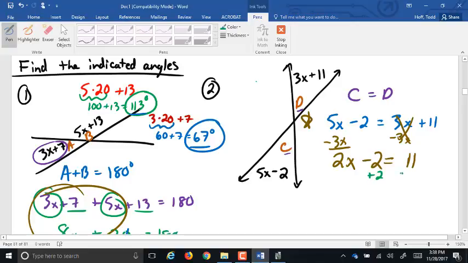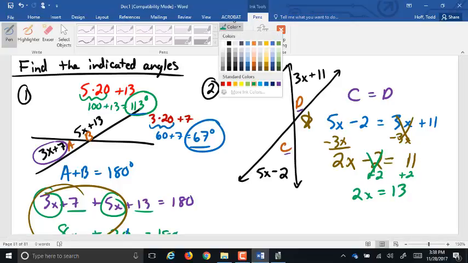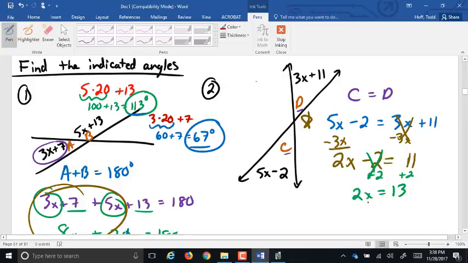Well, I have to add 2 to both sides. So I have 2x equals 11 plus 2 is 13. And then divide by 2. X equals 6.5.